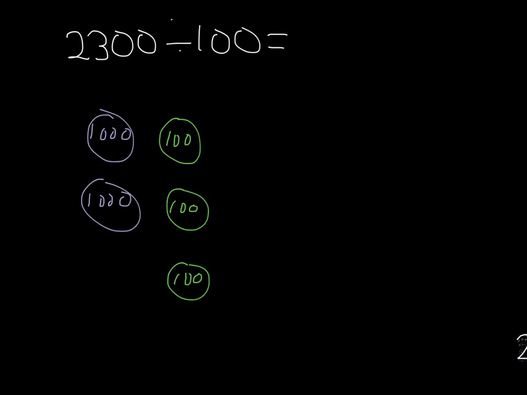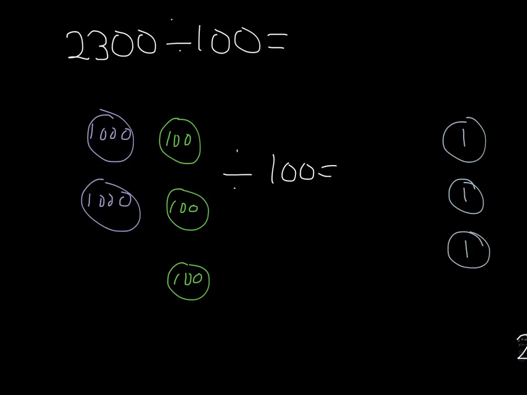And I'm going to divide them not by 10 this time, but by 100. Okay, and something should stand right out to us, and that is this, that 100 divided by 100 is just 1. So my 300s should be 1, right? Because any number divided by itself is 1.